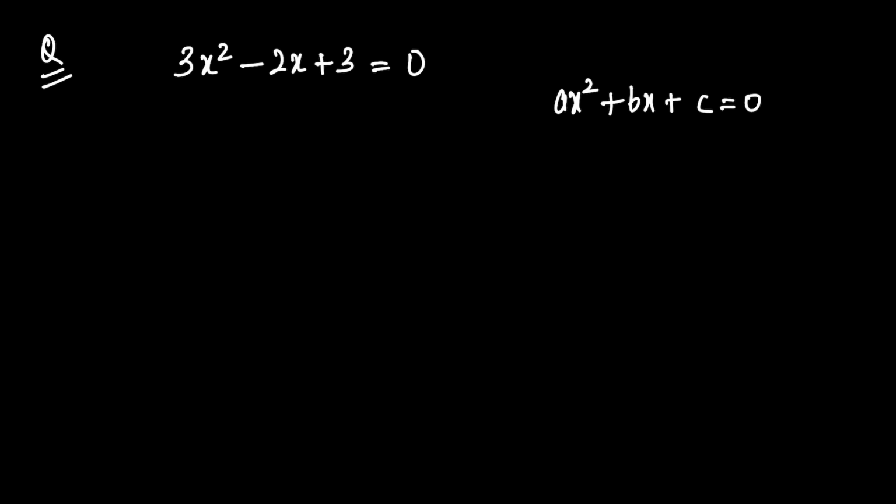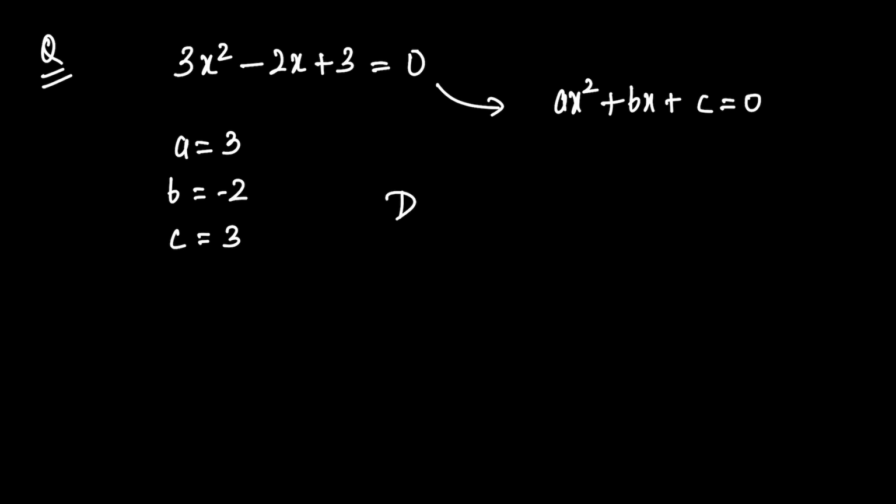Next question. Discuss the nature of the roots for the equation 3x square minus 2x plus 3 equal to 0. So we'll compare it with the standard equation, right? From here we get the value of a is equal to 3, b is equal to minus 2 and c is equal to 3.